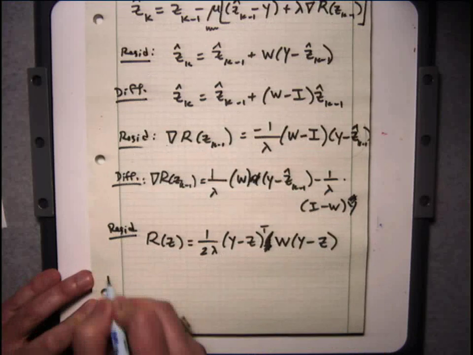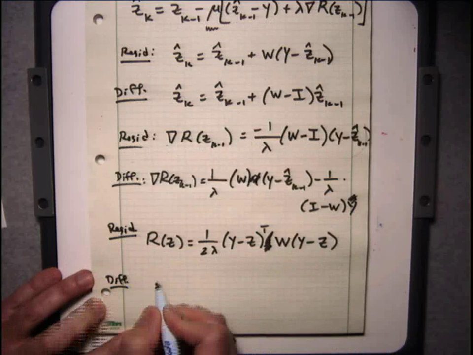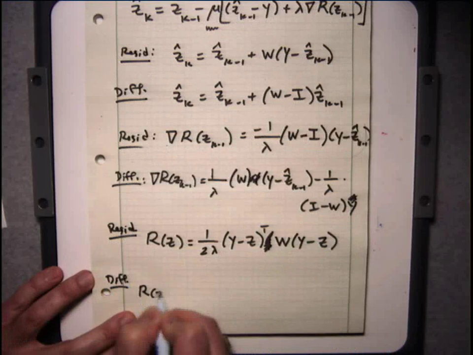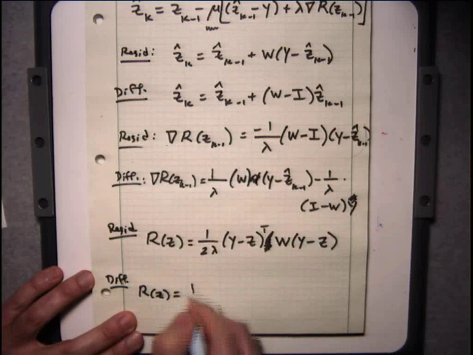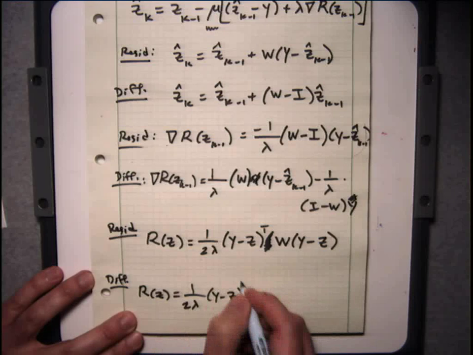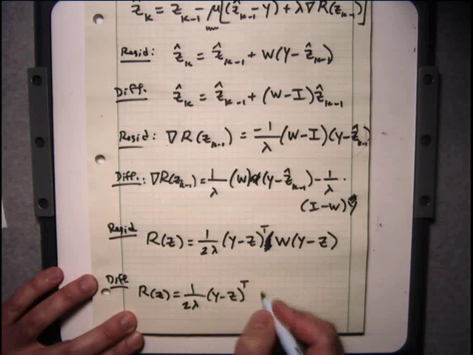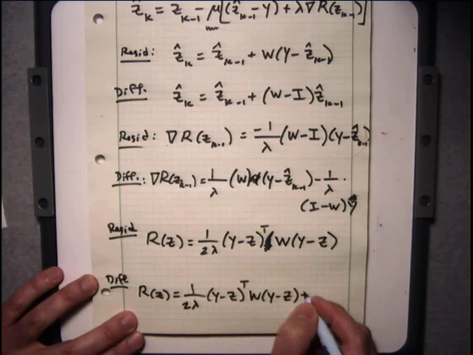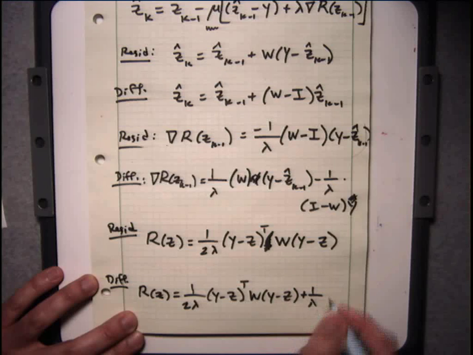And for the diffusion case, you get r of z equals 1 over 2 lambda, again, (y minus z) transpose W (y minus z) plus 1 over lambda y transpose (I minus W) times z.